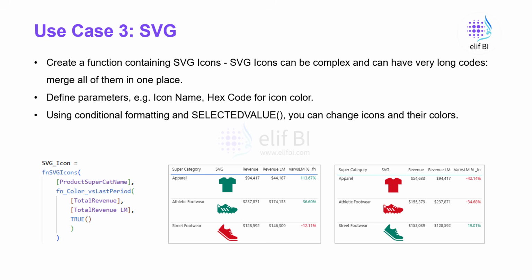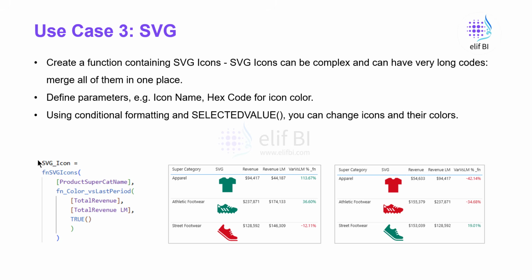Then you define the parameters, which is like the icon name. You can call it like the SVG icon that you can see here. It's like the apparel, the sports footwear, and the casual footwear, I would say, or the street footwear. You can define the hex code for the icon color as well. Then using the conditional formatting and selected value, you can change the icons and their colors.